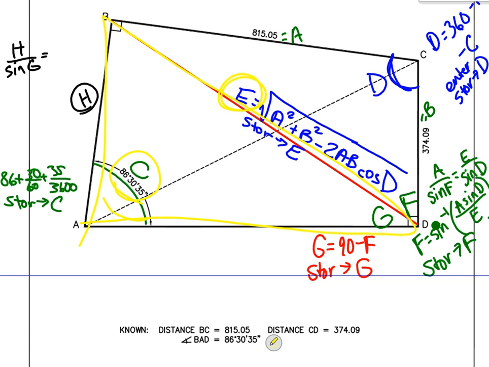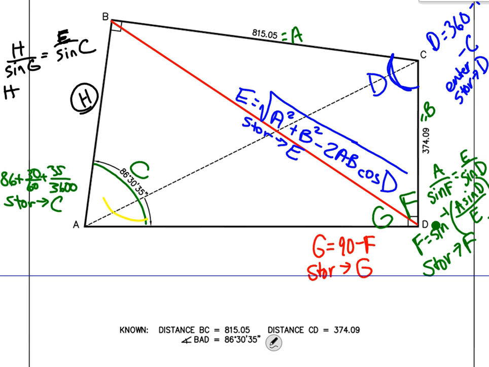And I've got that side E, so it's kind of back a little ways to scroll through. So H over the sine of G is equal to E over the sine of capital C. And then it's H that I want, so H is equal to E sine G over sine C. And then store that as H.